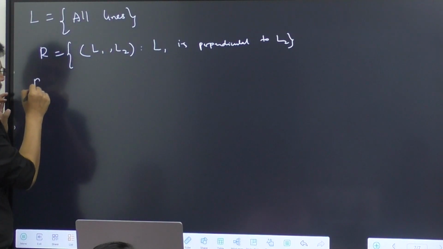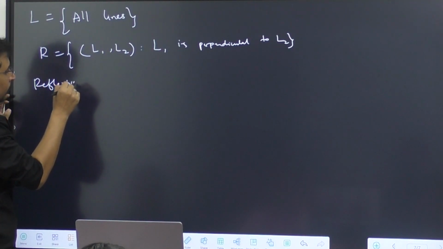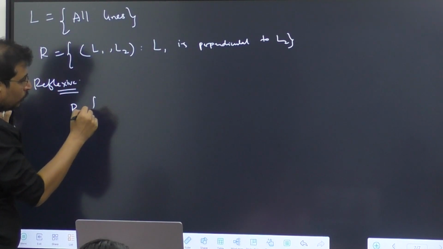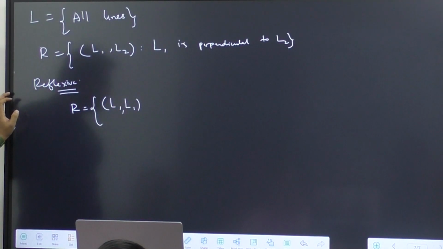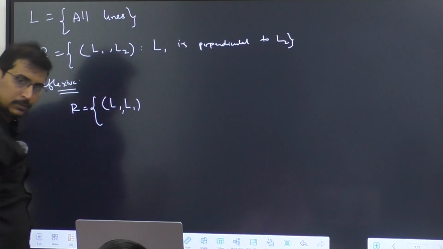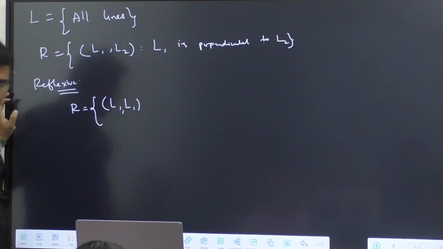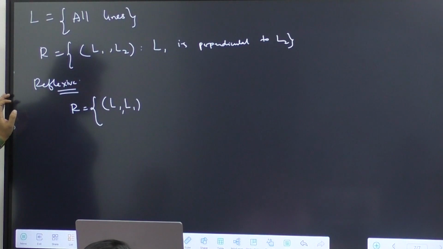Okay. So for reflexive, R is equal to L1 comma L1. Does it belong to R? Can I write L1 comma L1? What is the meaning of this? L1 is perpendicular to L1. So what is the meaning of this?